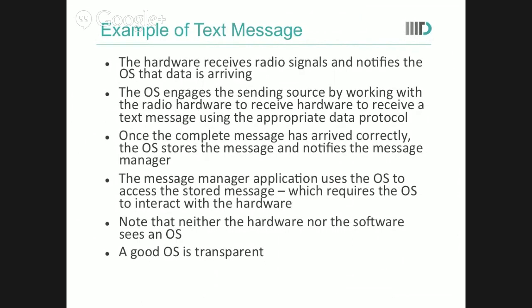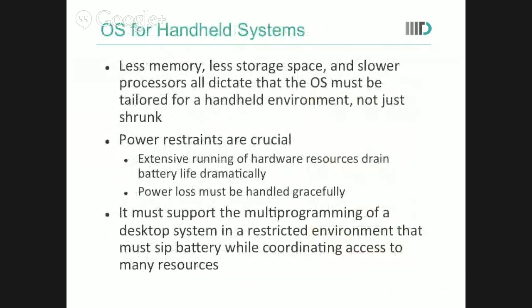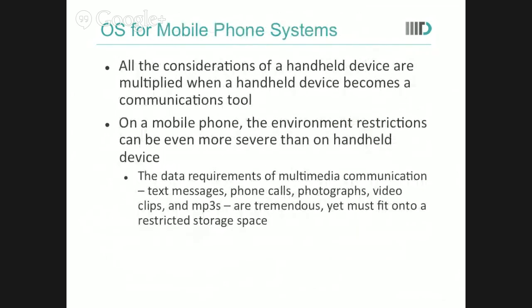Then we looked at the example of a text message, and I told you about the complexities of a mobile operating system. What differentiates it from a standard operating system? Power is one of the most important concerns: how to save as much energy as possible.